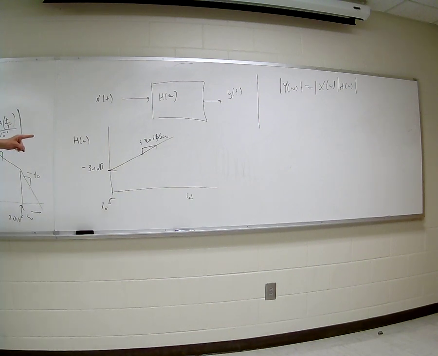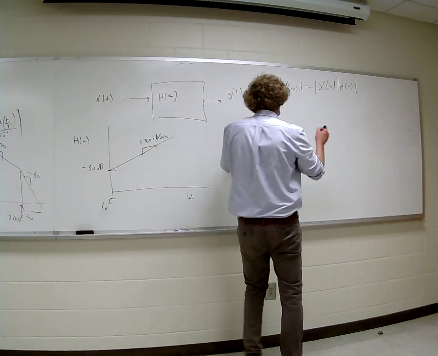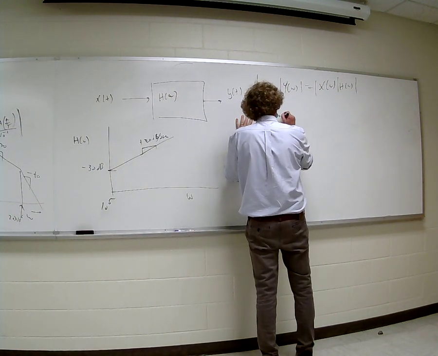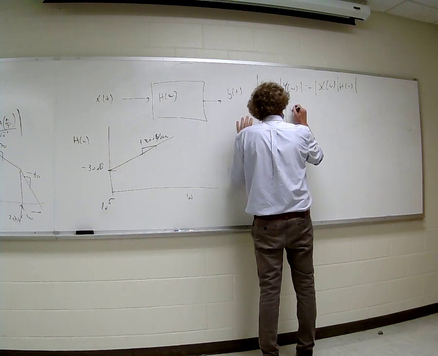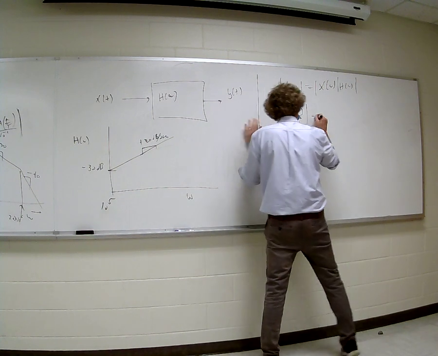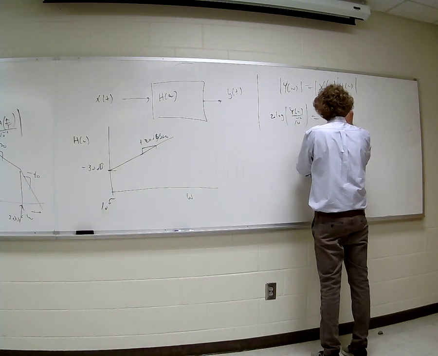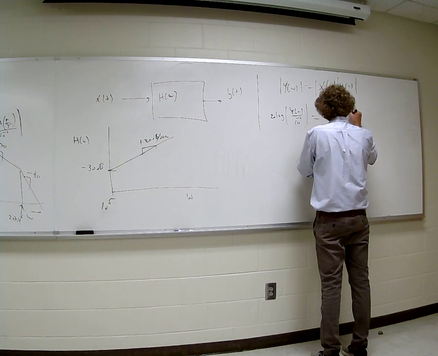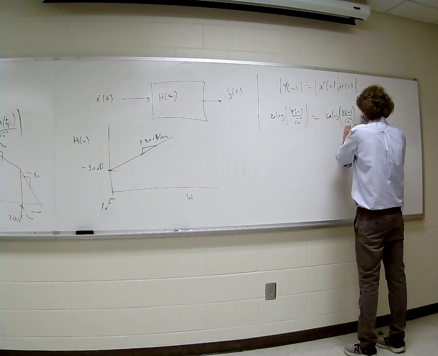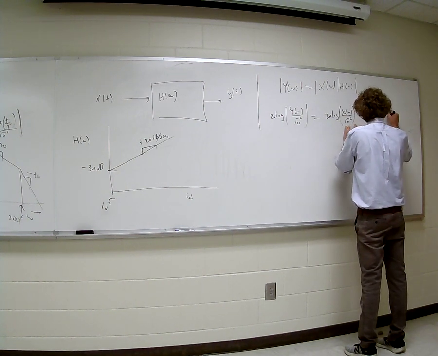Now if I did it logarithmically, if I take 20 times the log of y over 10 to the minus 6, that would be equal to 20 times the log of x of omega over 10 to the minus 6, plus 20 times the log of h of omega. Now I'm going to take magnitude of all these.